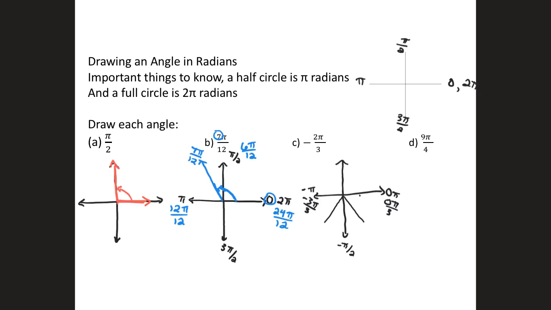Here's negative 1/3, negative 2/3, and so let me use a different color here. We'll start on the positive x-axis, and we will rotate down to negative 2/3. Again, negative 2/3 pi. Okay, try the last problem on your own.